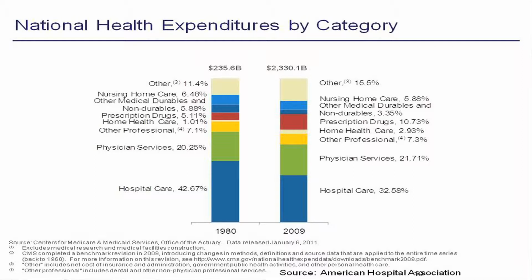The percentage of the dollar that's spent on hospital care has dropped from 42.6% in 1980 down to 32.6%. A full 10 percentage points over that period of time. So more and more of our healthcare dollar is being spent in other places.